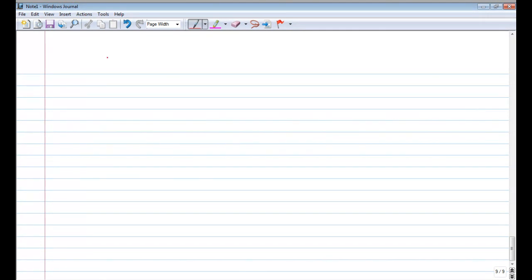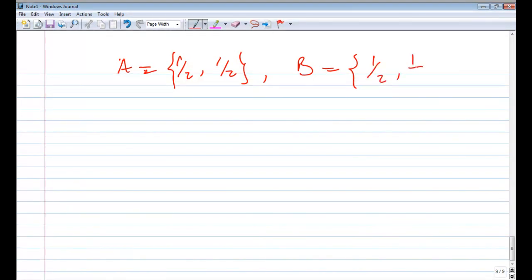Let me just write them down. A equal to a half and a half. This is filter 1, and B, filter 2, a half and a half.